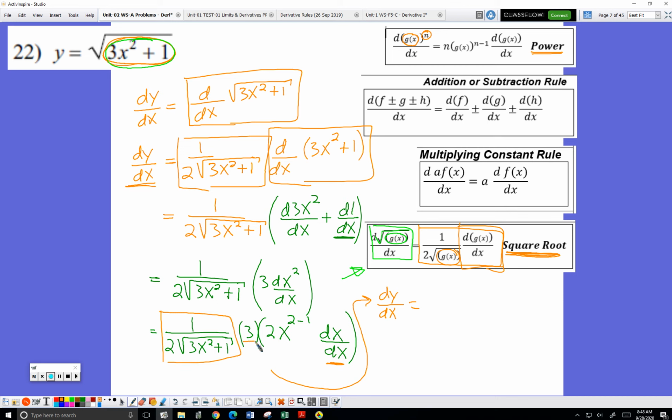This is 3 over 1. This is 2x over 1. So fractions multiply across. They'll notice that this factor in the denominator will divide with this factor. So you'll end up with 3x on the top. On the bottom, square root 3x squared plus 1. For the homework, the answers are on the back, so you can check as you go.